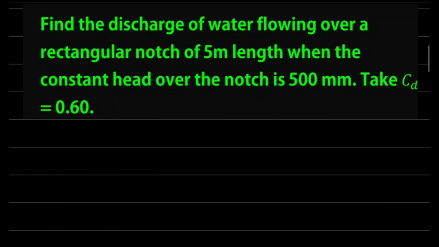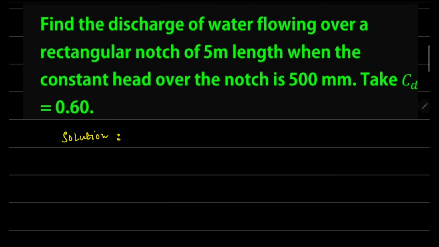Take a numerical problem to figure out the discharge of water over a rectangular notch. The problem says: find the discharge of the water flowing over a rectangular notch of 5-meter length when the constant head over the notch is 500 mm, and we have to take the CD value equal to 0.6. So before starting the solution, we should first note down the values which are given to us.